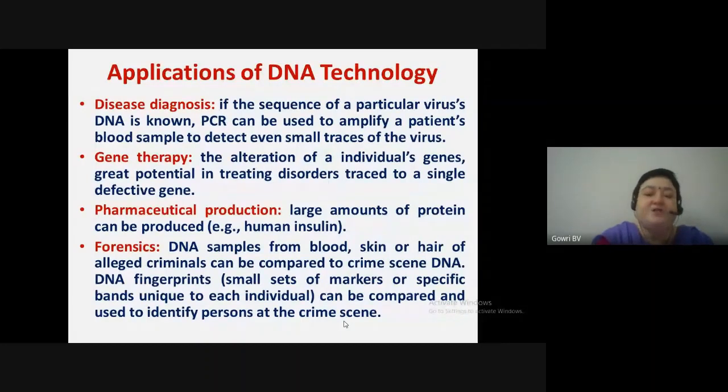Pharmaceutical production, large amounts of proteins can be produced, for example human insulin. And forensics: DNA samples from blood, skin or hair of alleged criminals can be compared to crime scene DNA. DNA fingerprints, small sets of markers or specific bands unique to each individual, can be synthesized and compared and used to identify persons at the crime scene.